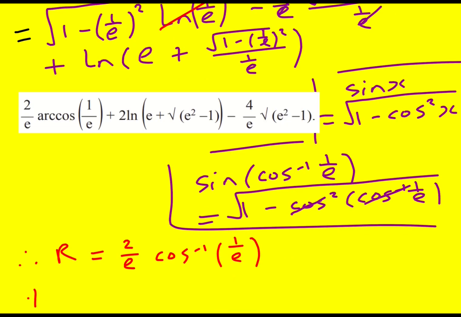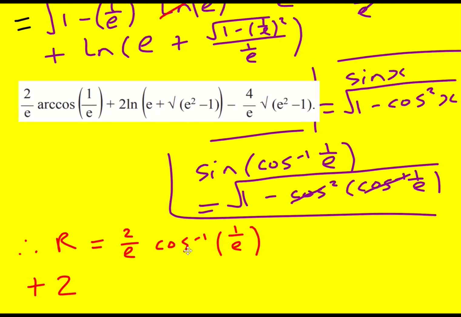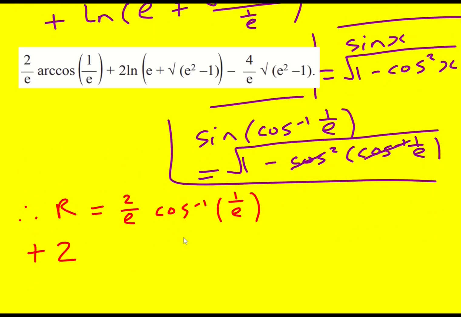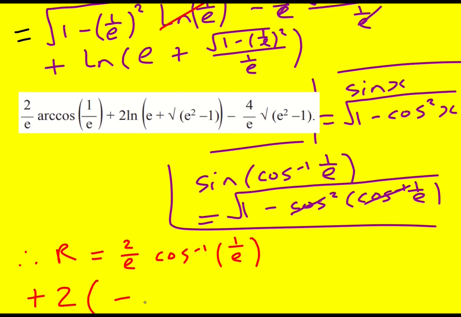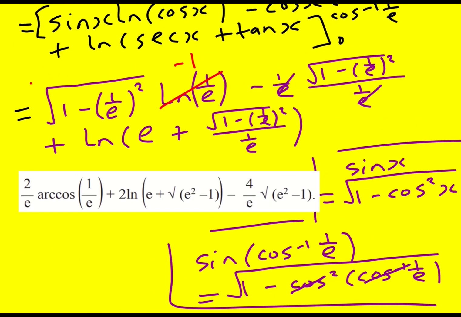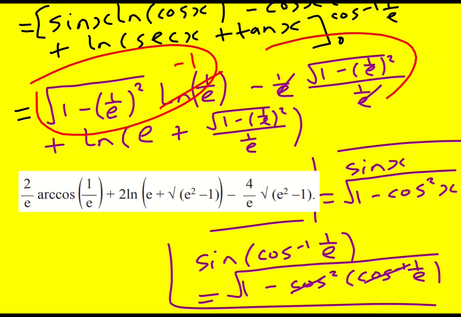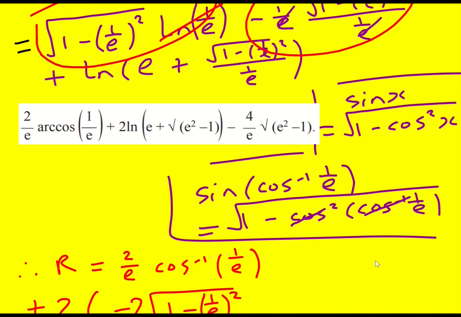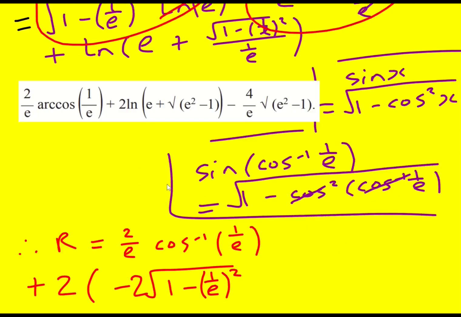So I'm going to be adding 2 lots of minus this thing here, because I've got this one and I've got this one. I'm just timesing by 2 because that was in my original integral.